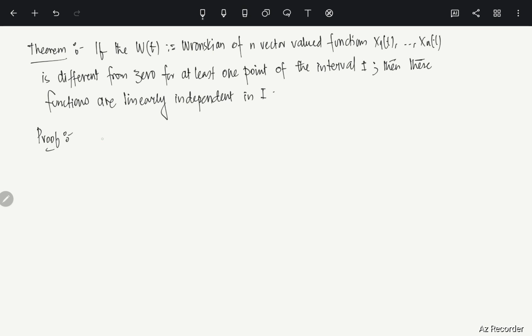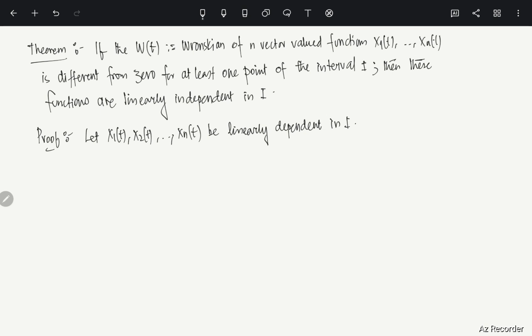So you see, first of all, since we have to prove they are linearly independent, let's assume they are not linearly independent. Then they are linearly dependent, right? So let x1 of t, x2 of t, ..., xn of t be linearly dependent in I. Clear?